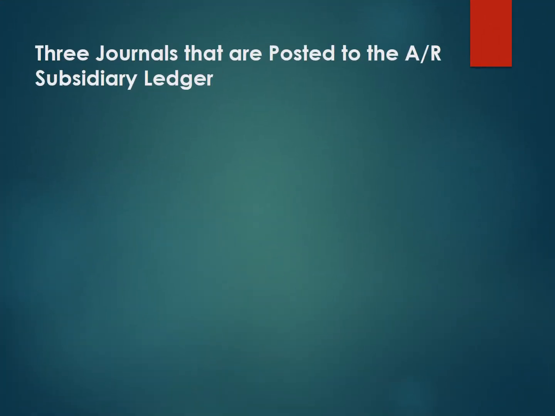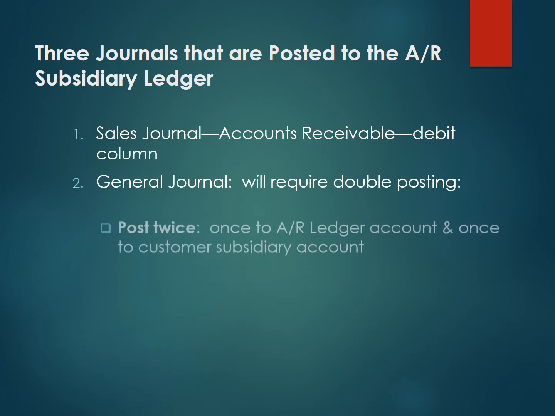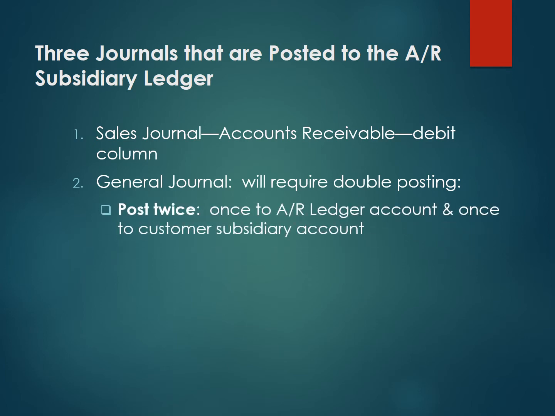There are 3 journals that are used to post to the accounts receivable subsidiary ledger. The sales journal accounts receivable debit column, the general journal, which will require double posting. We will post twice, once to the accounts receivable ledger controlling account and once to the customer subsidiary ledger.